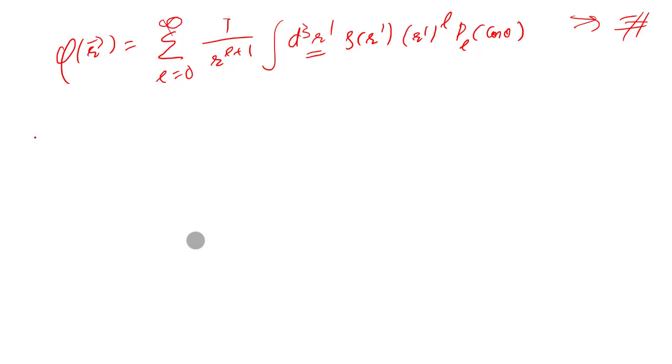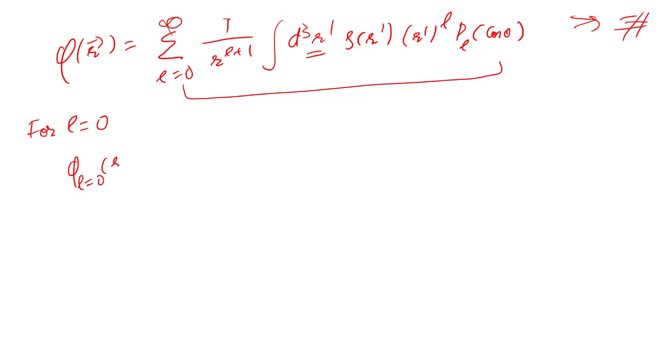If I look at L equal to 0, this is just a series of terms that are added one after another. So for L equal to 0, phi_0 of r would be 1 over r, integral d cube r prime rho of r prime.